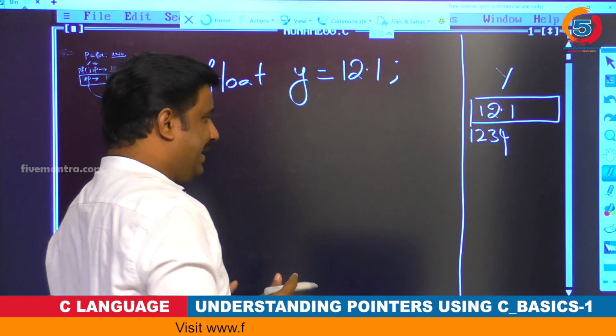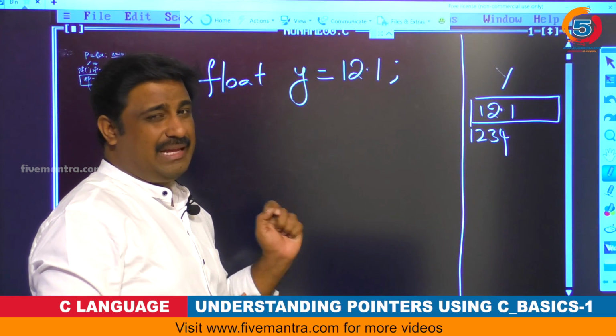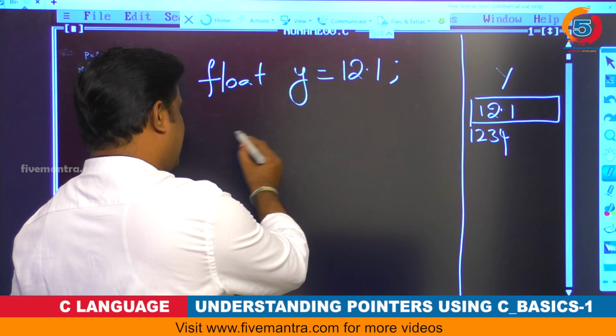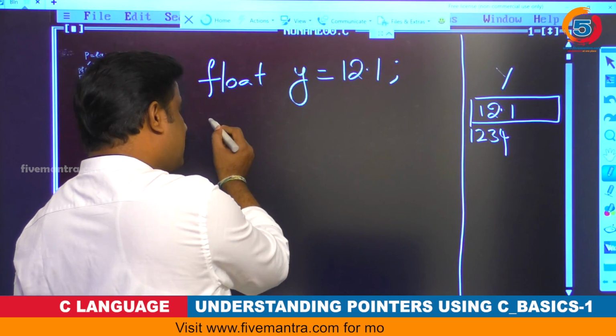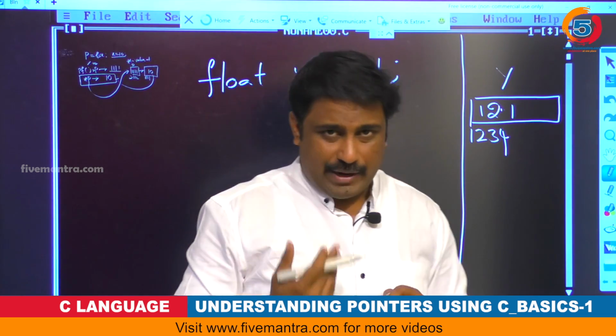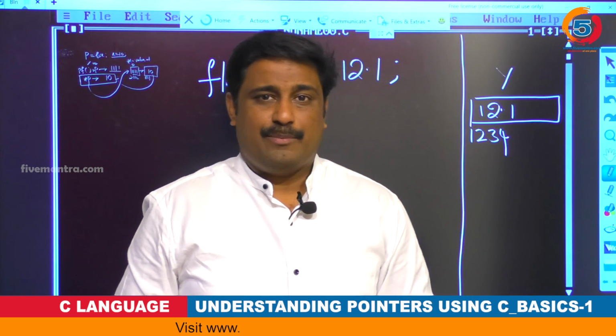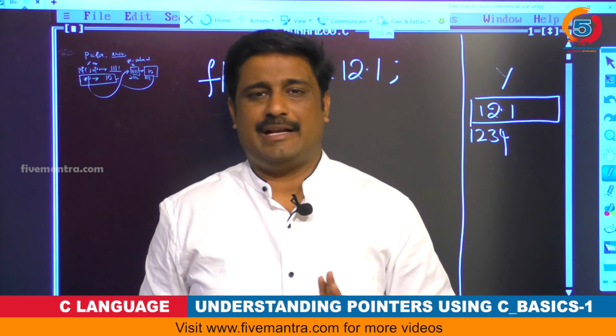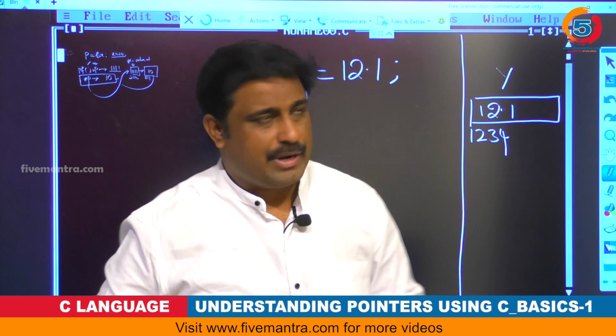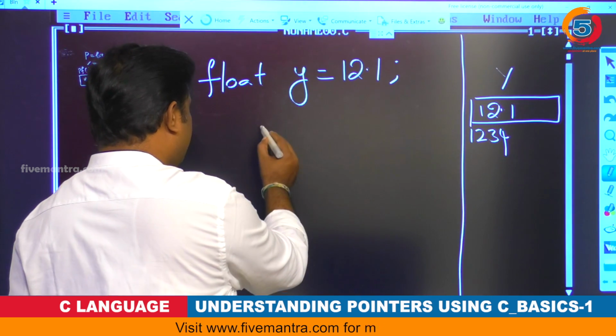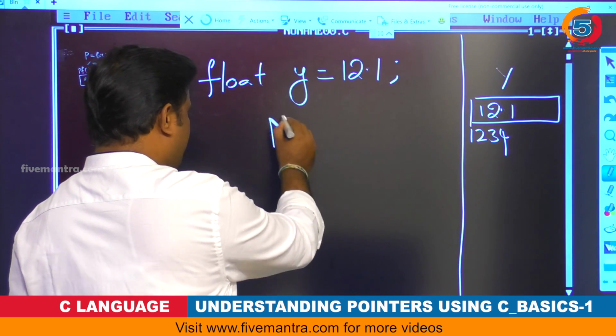Now what I need is to create a pointer for the y variable, a float variable. Whenever you want to create a pointer variable for a particular data type, you have to use that particular data type only. That is the important one, right? Now I want to define one pointer variable, that is p.